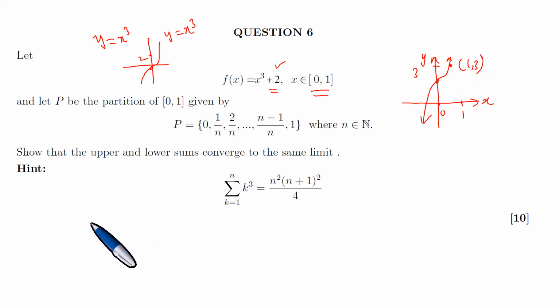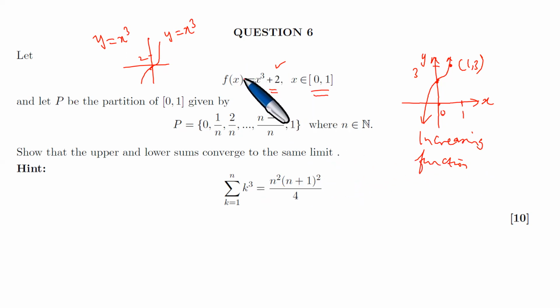Obviously, we're saying show that the upper and lower sums converge to the same limit. So what is the behavior of the function from 0 to 1? When x moves from 0 to 1, when x increases, y also increases. So this is an increasing function. You might not need the graph if you can see it's increasing, but the graph makes it easier.